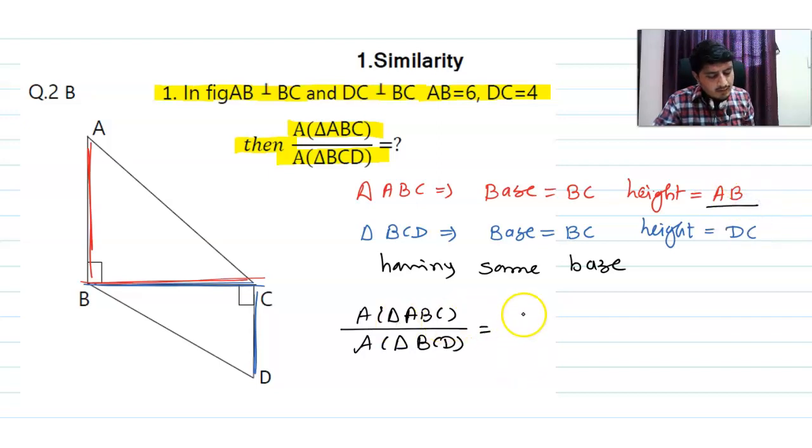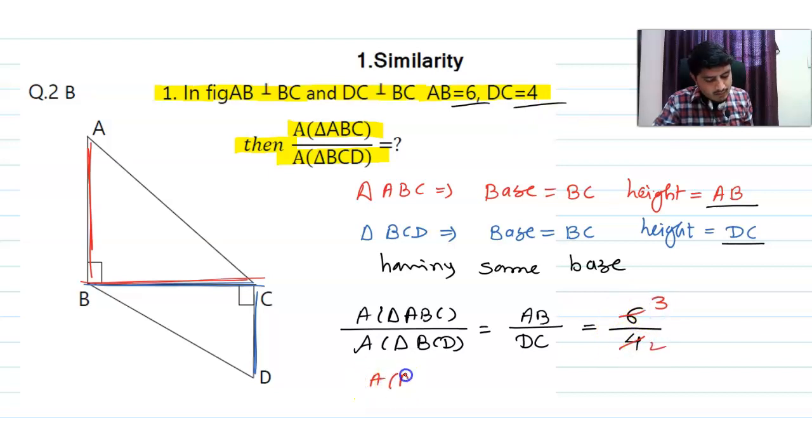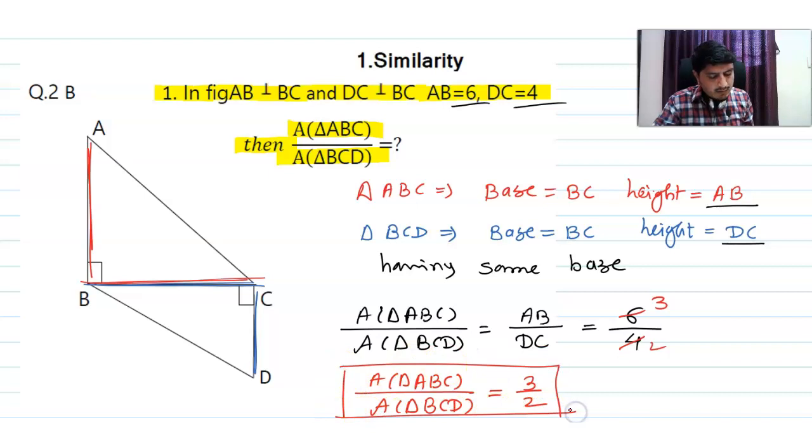For triangle ABC the height is AB and for triangle BCD the height is DC. The AB value is 6 and the DC value is 4 units. We know 2 2s are 4, 2 3s are 6, so area of triangle ABC divided by area of triangle BCD equals 3 divided by 2. Hence we have the first question.